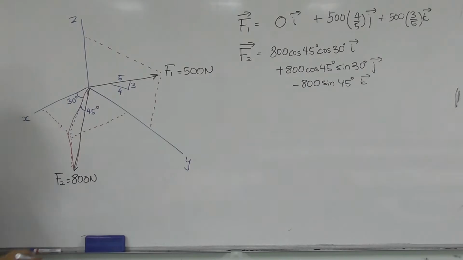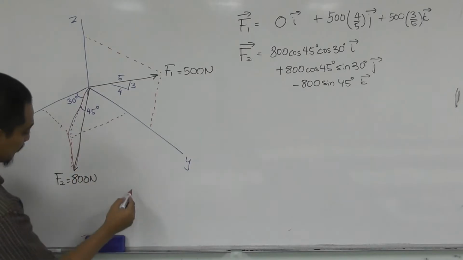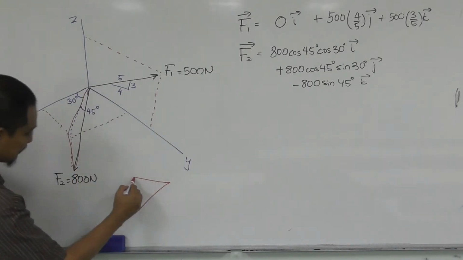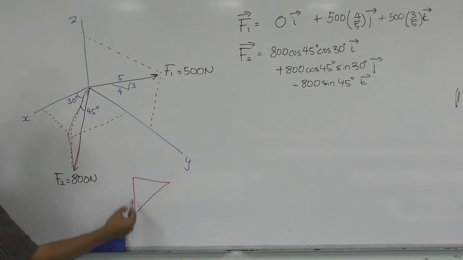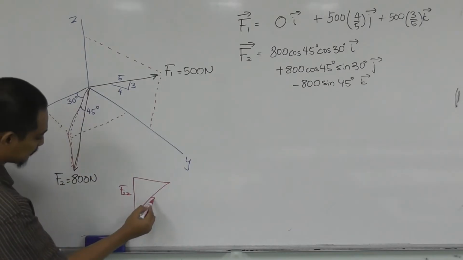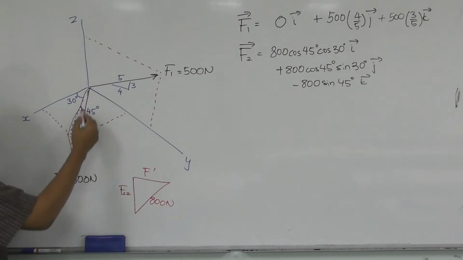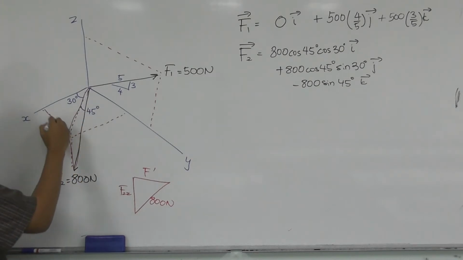If you look from this side, it will look something like this, where this one is F2z, obviously. This one is the 800 Newton, and this one, let's call it F prime.